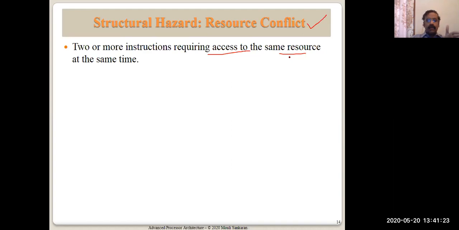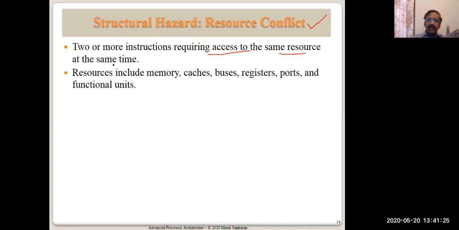At the same time means during the same CPU cycle. Resources include memory, caches, buses, registers, ports, IO ports, and any functional unit. When I say functional unit, it could be an ALU or a multiplier.